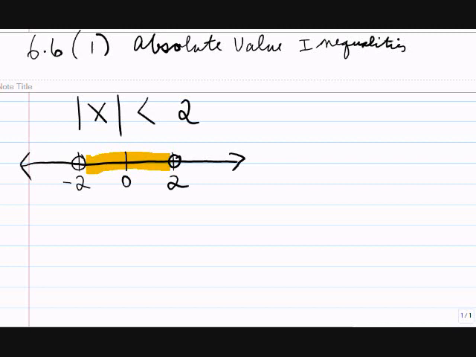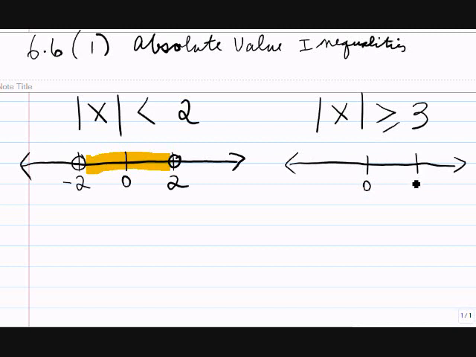If instead I have the absolute value of x is greater than or equal to, and let's do 3 this time, on my number line, I'll want that 3 and its opposite, -3.